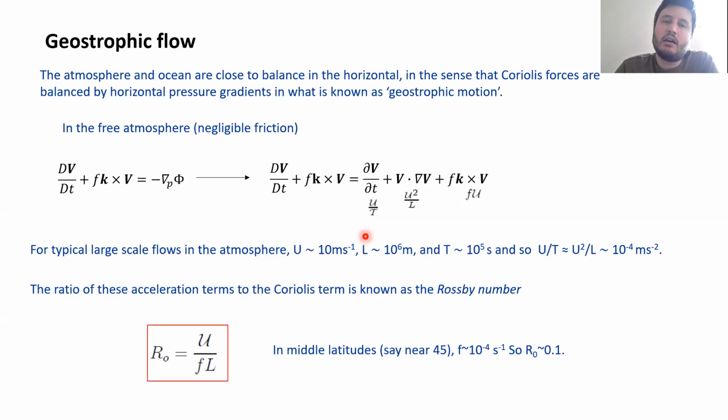What is the scale of a typical synoptic system? Because we are interested in the synoptic scale, the movements occurring at mid-latitudes, the typical size of a weather system, a high pressure system or a low pressure system, let's say is around 1 million meters, so around 1,000 kilometers.